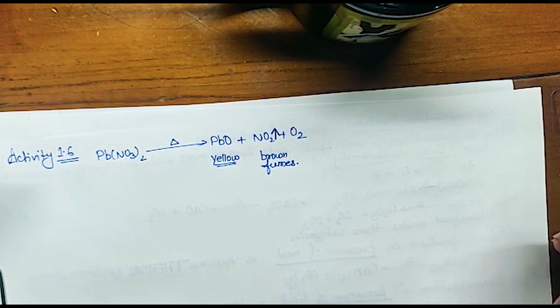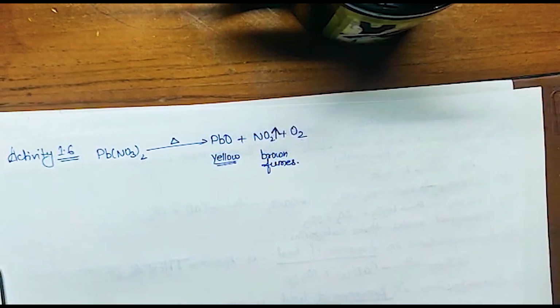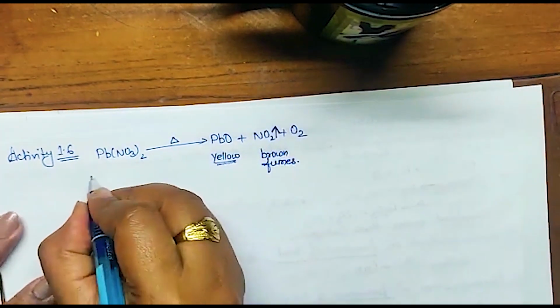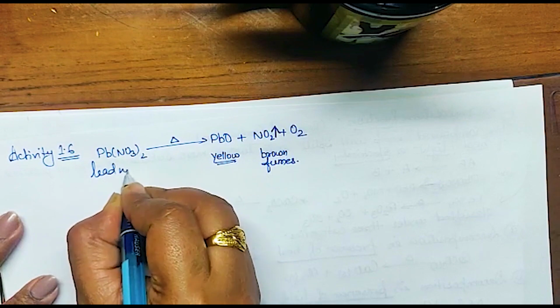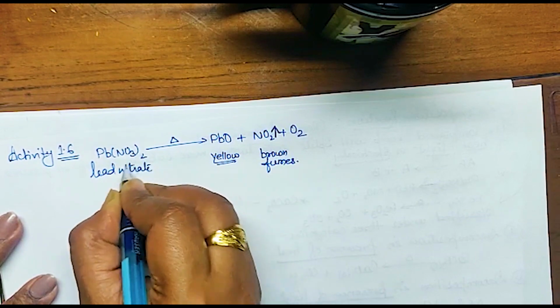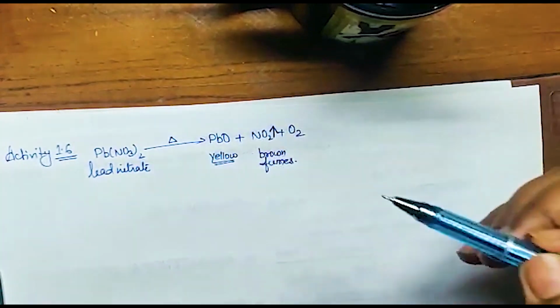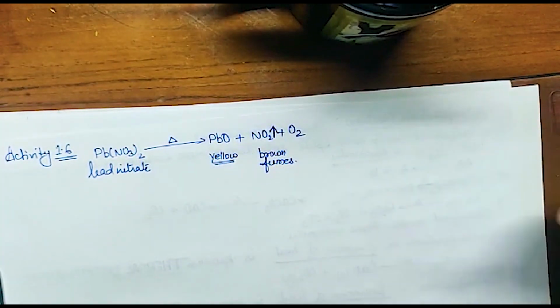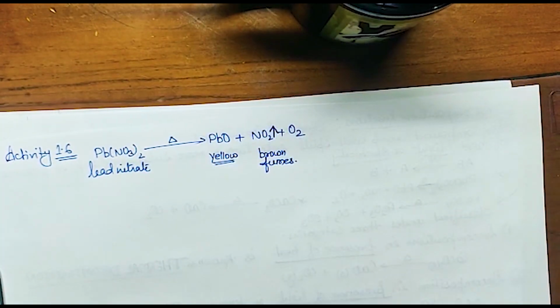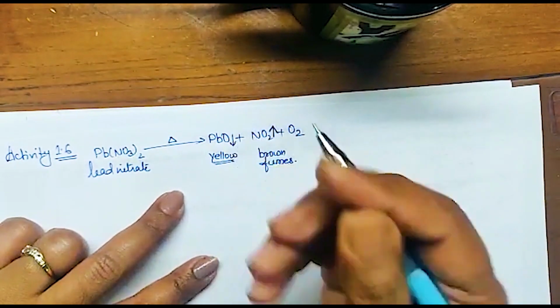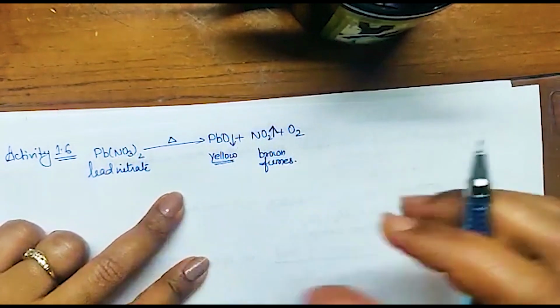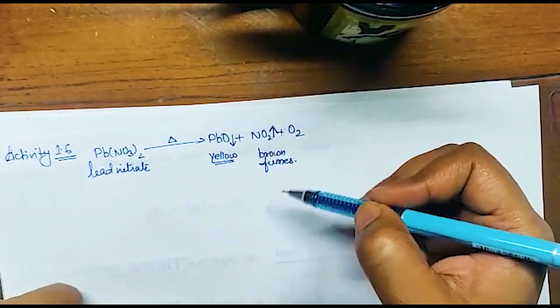So what will you say? This reaction, when lead nitrate is heated: it dissociates into lead oxide plus nitrogen dioxide plus oxygen. And what will be the observation? It will give you a yellow residue at the bottom, and then NO2 brown fumes will come out.